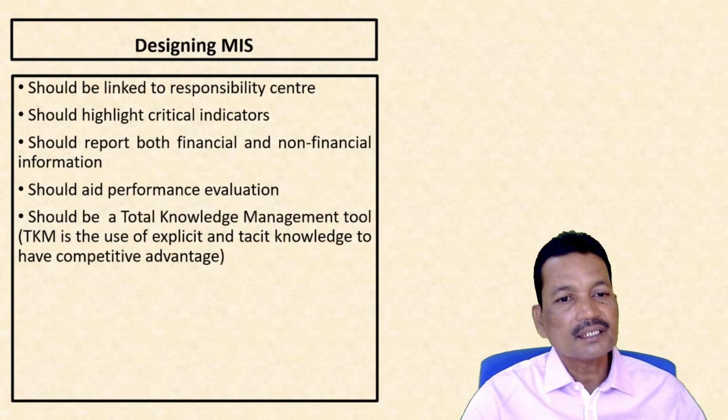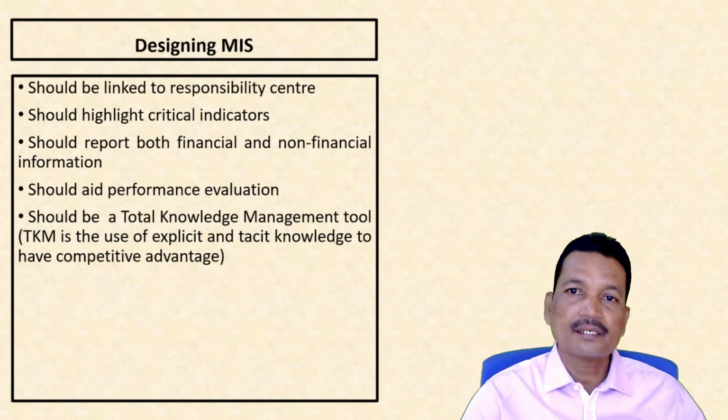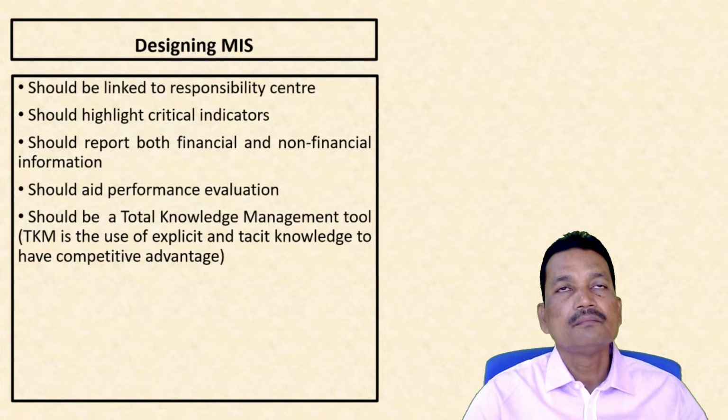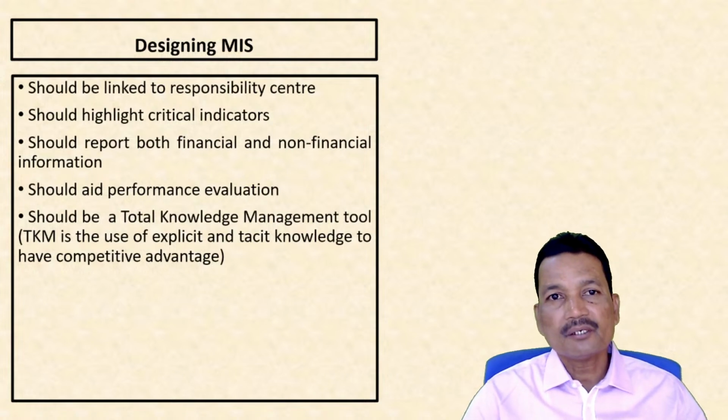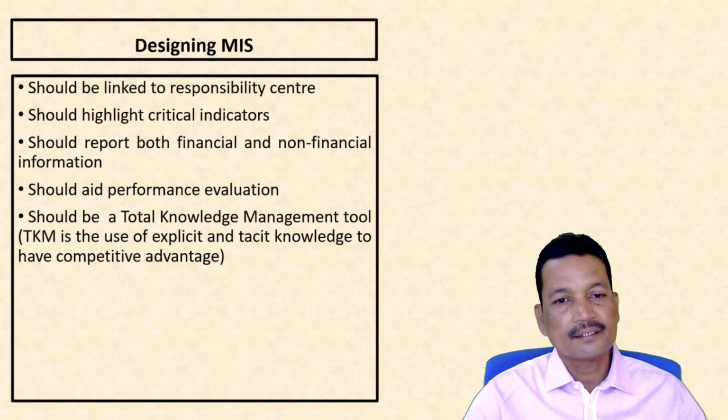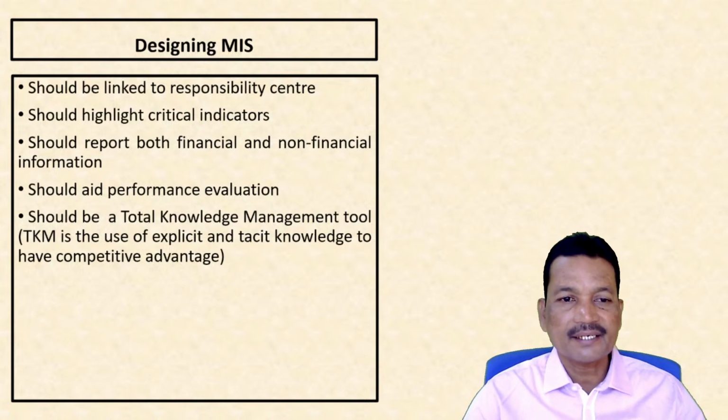Now, how to understand this explicit or tacit knowledge? We can take the example of cricket. Most of us have some idea about the game of cricket.